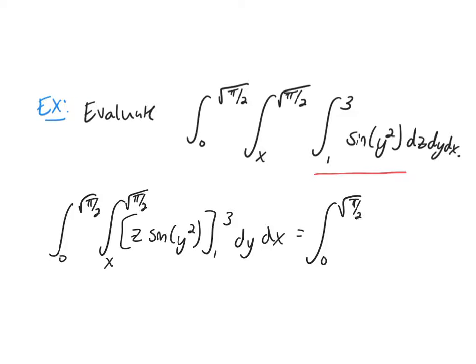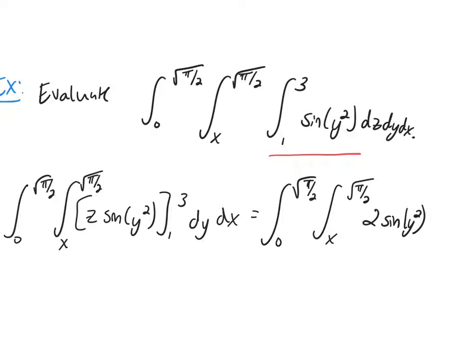That gives square root of pi over 2 times square root of pi over 2... So you get 2 sine of y squared dy dx. And you can pull this 2 out in front. So maybe I'll go ahead and do that.